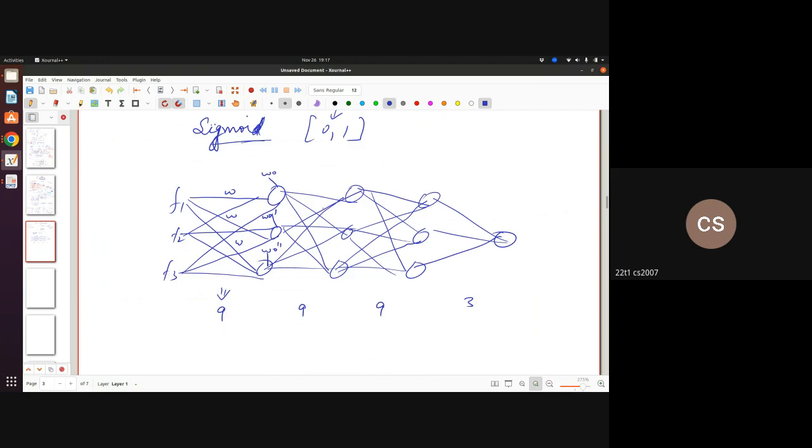So each neuron has the bias also. So 9 plus 9, 27, plus 9, 36, plus 3, 39, 30 weights in total. Now let's compute the bias. 1, 2, 3, 4, 5, 6, 7, 8, 9, 10. There are 10 neurons, so one bias at each neuron. That makes 40. So in total, 40 parameters need to be computed. Is that clear?